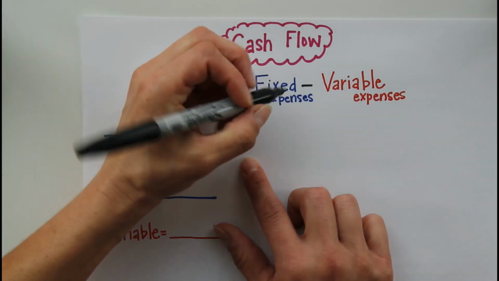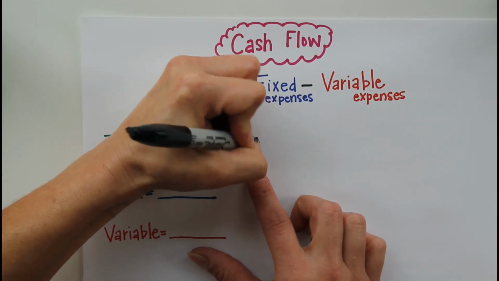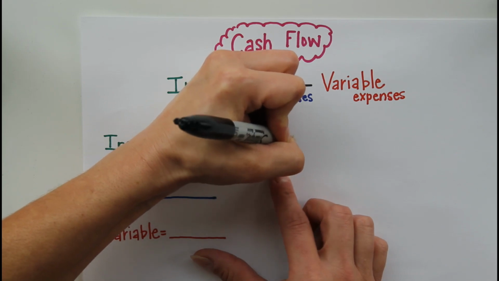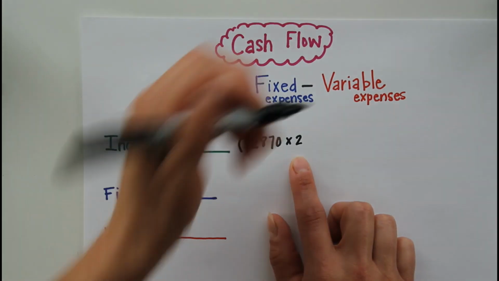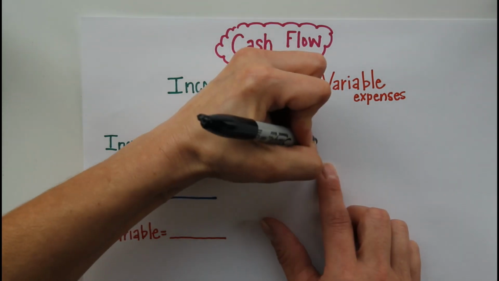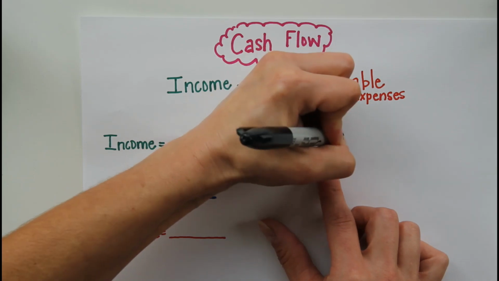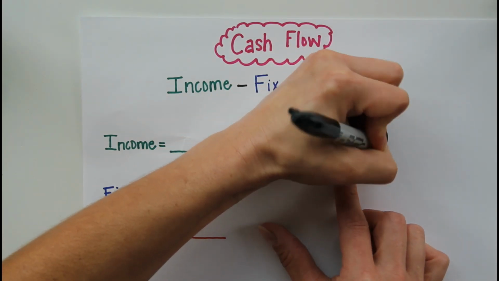So starting with parentheses, the income 1, $2,870 times 2, since we get paid every other week. And then income 2, $1,000 times 2.